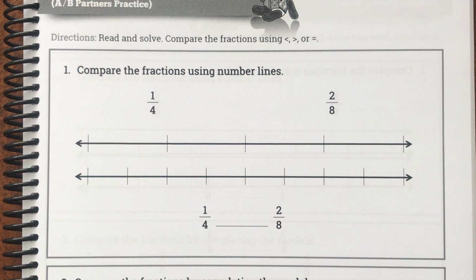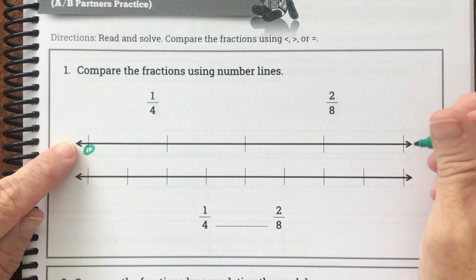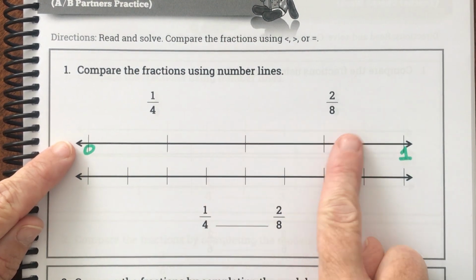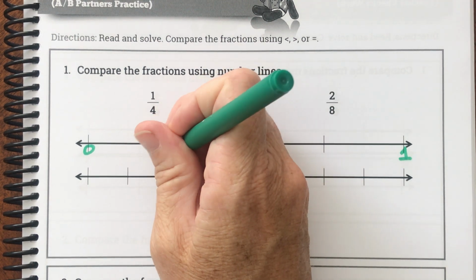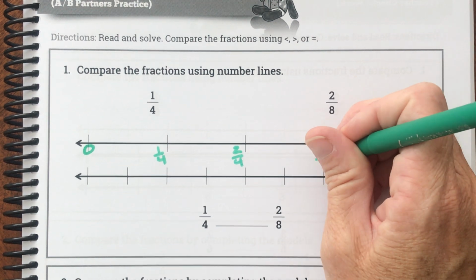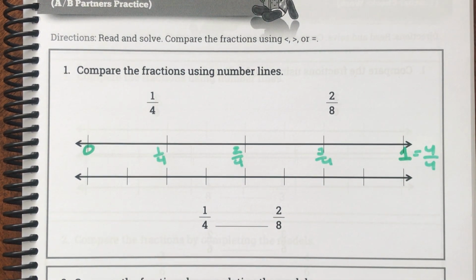We have our 0 here and our 1 here, and it was partitioned into 1, 2, 3, 4 pieces, which tells us our denominator needs to be a 4. So we have 1/4, 2/4, 3/4, and 1 is equivalent to 4/4.